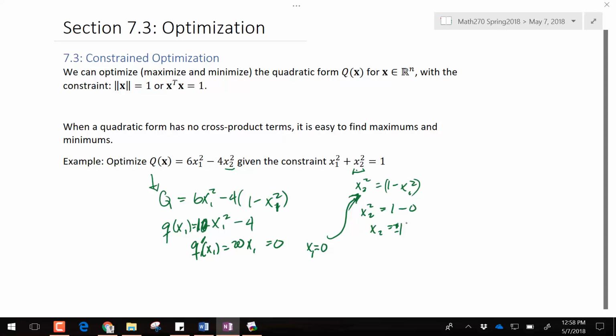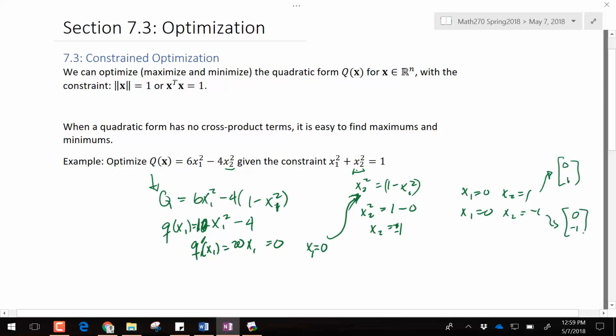Okay, so we have a couple of x1, x2 combos that would give us some maximum or minimum. Our x1 is equal to 0 and x2 equal to 1, and x1 equal to 0 and x2 equal to -1. We can translate these into vectors, (0, 1) and (0, -1).